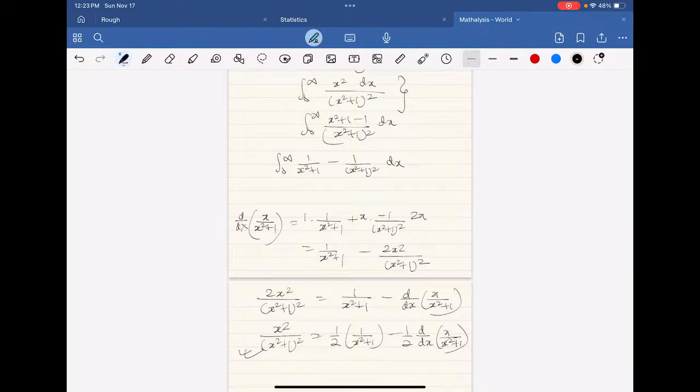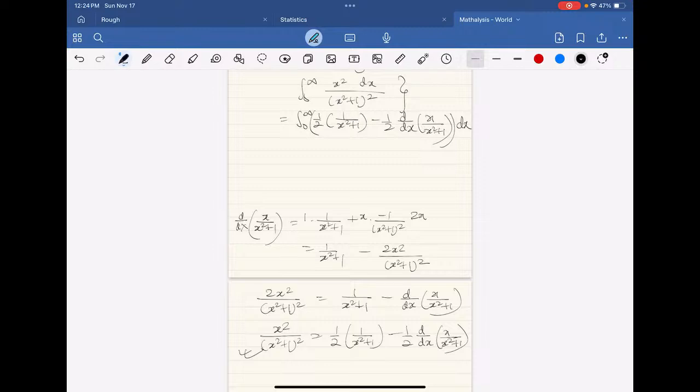If I make that substitution, it will just be the integral from 0 to infinity of half of 1 by x square plus 1 minus half of the derivative of x by x square plus 1 dx, right?